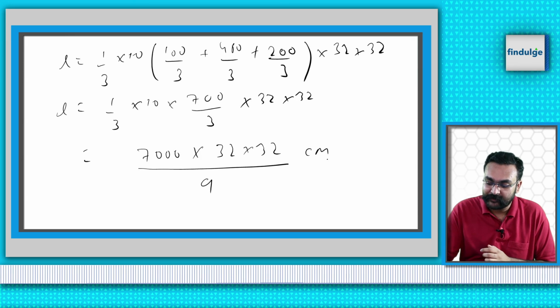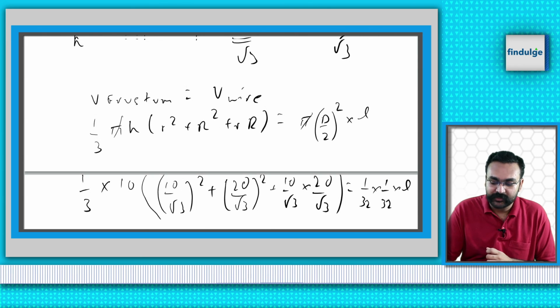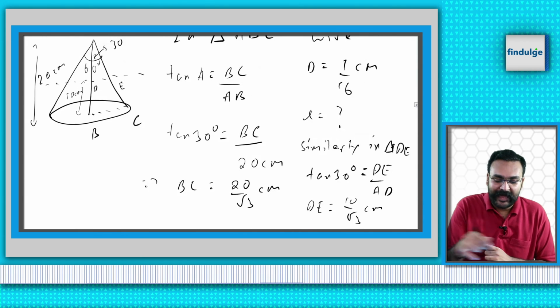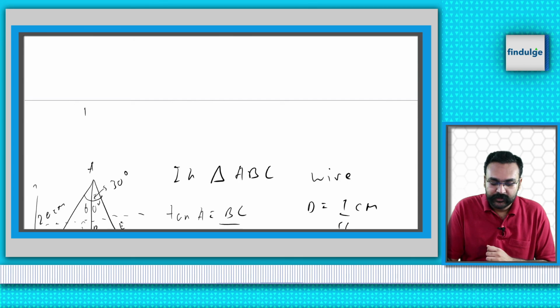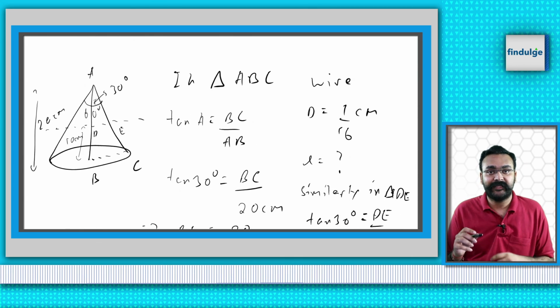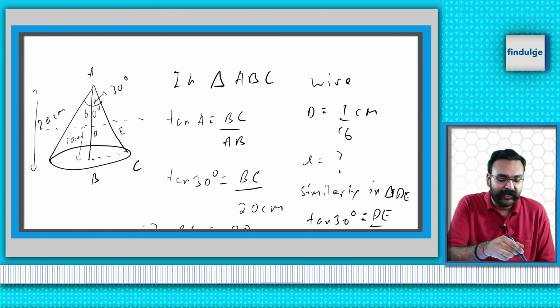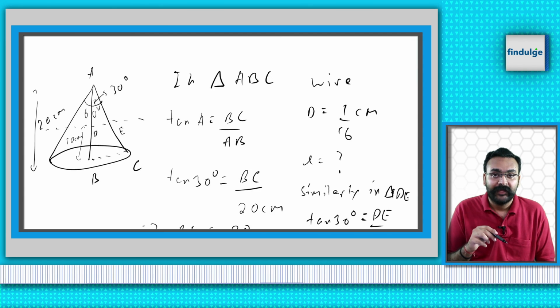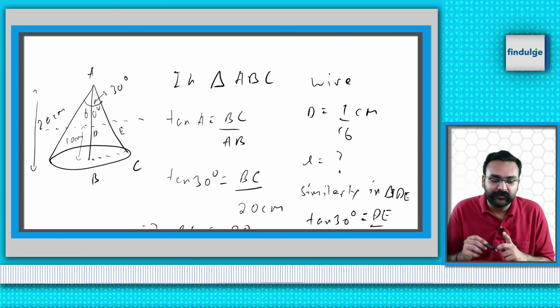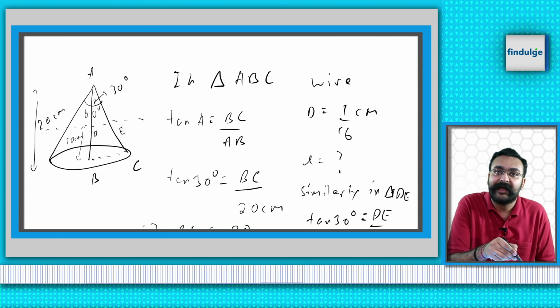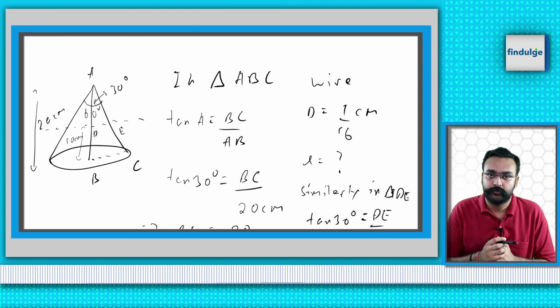So the most important thing that we learned in this question is the concept of the vertical angle of the frustum. So this is what you will keep in mind. When they give you the vertical angle, it is this angle of the upper part of the cone. If they say semi-vertical angle, they mean the half angle of the triangle that you use.